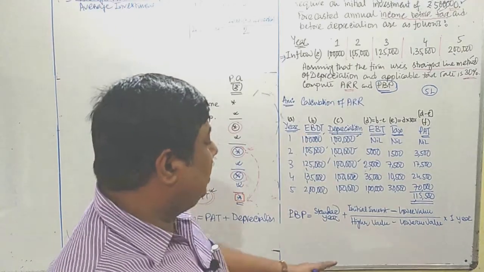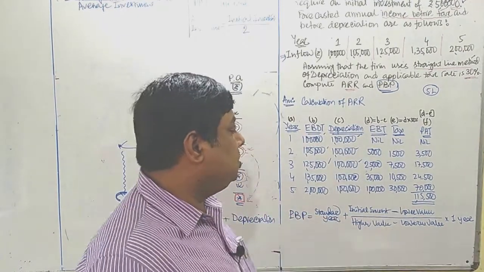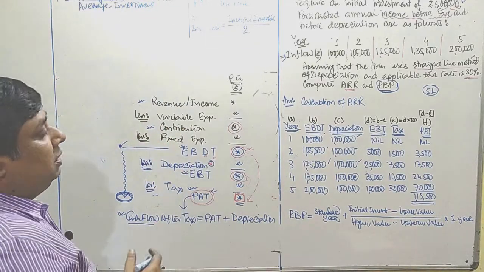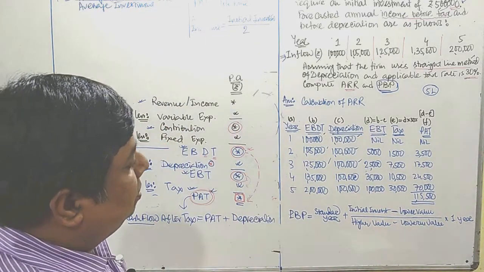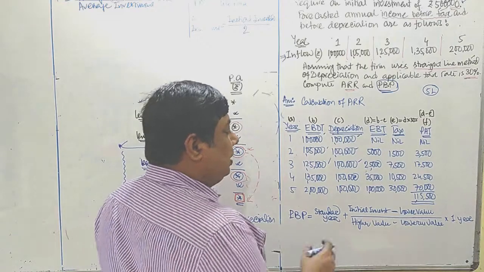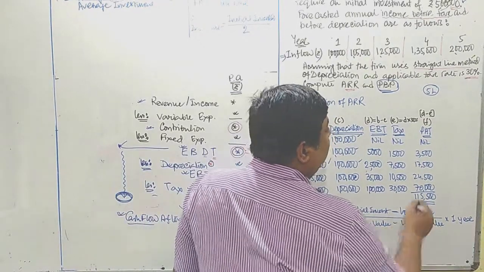Probably you are confused about what is meant by higher value and lower value. Let me progress that question, and you will better understand what higher value and lower value mean.